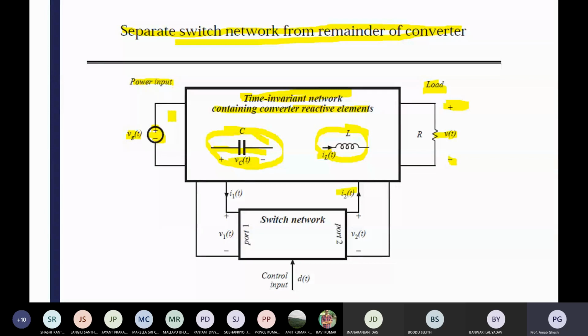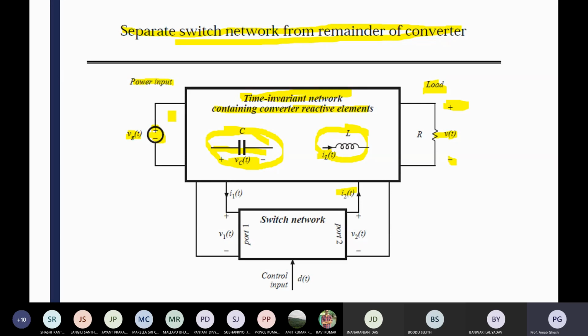In the output side you are only calculating, so there is no direct effect from the input side. Indirectly there is definitely some effect: if an input parameter changes, there is an effect on the output parameter of the converter.